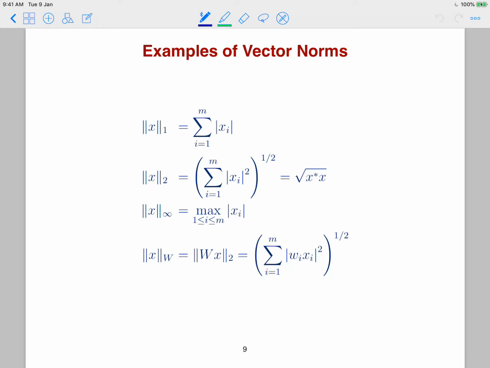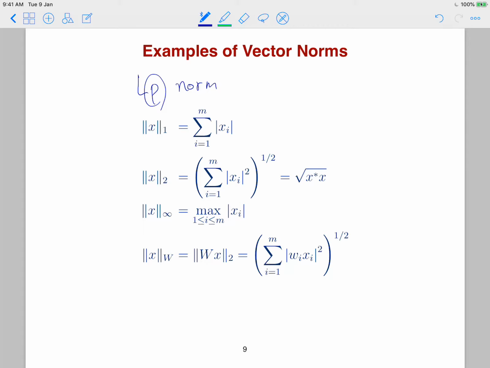So in the last class we discussed the vector norm, especially the LP norm, where P can be 1, 2, all the way up to infinity.